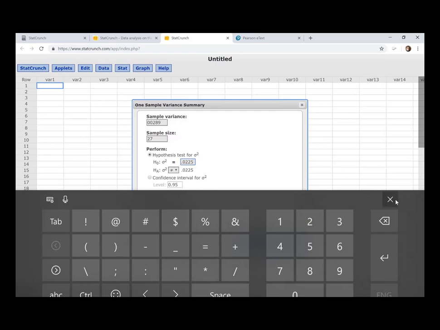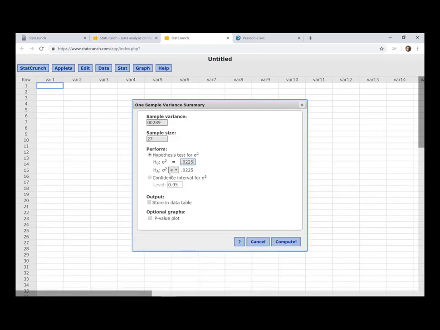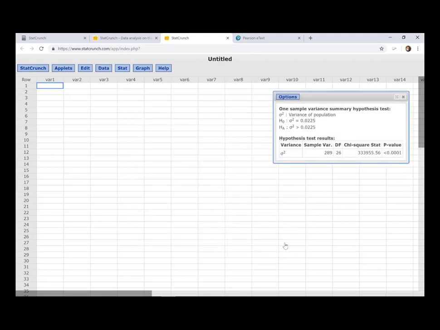And notice how that filled in for us in our alternative hypothesis. And then we wanted it to be greater than, so we're going to do that. And then we're simply going to do compute. Okay, so now we have our results.